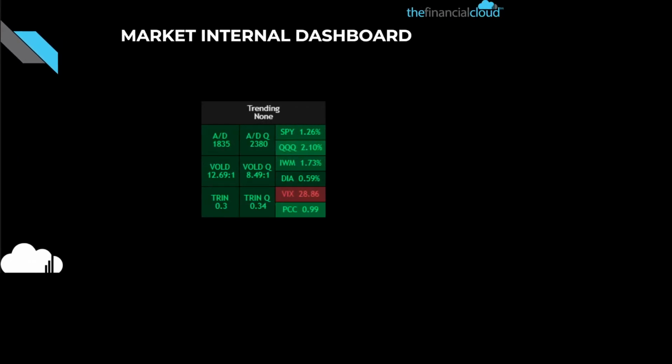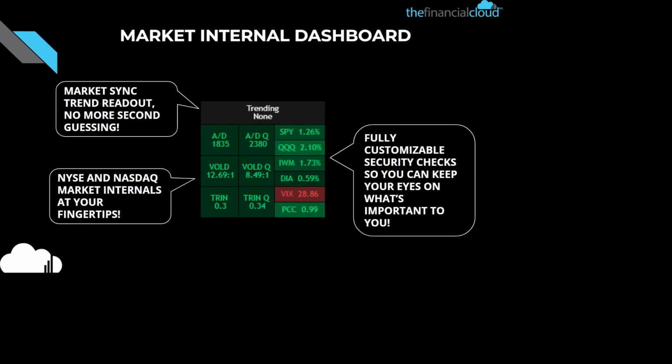Next, we're going to look at our market internals dashboard. So, super information packed, right? What do we have in here? Well, on our left side, we can see that we have all of our internals right at our fingertips, right in front of our eyes. Advance decline, volume ratios, trend for both NYSE and NASDAQ. No more guessing, no more fumbling through tabs, trying to look up things on different programs.